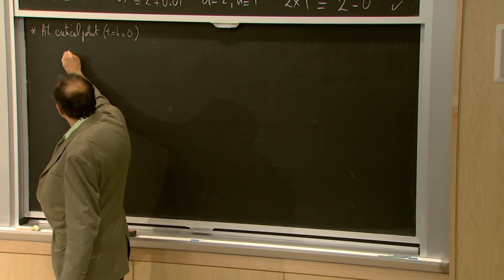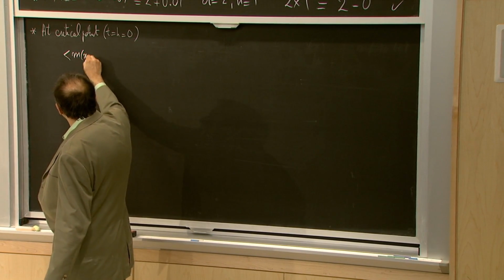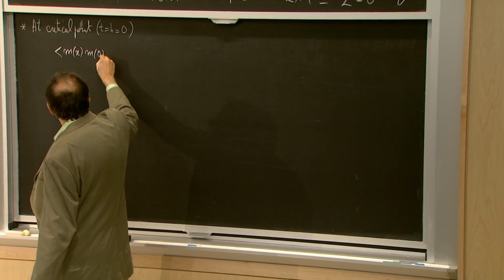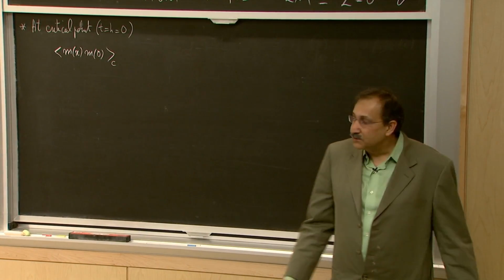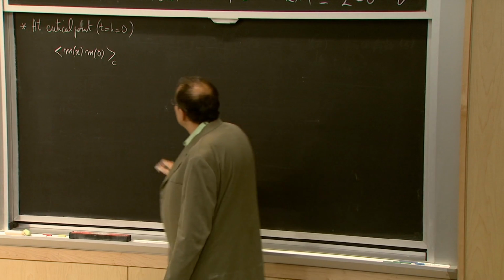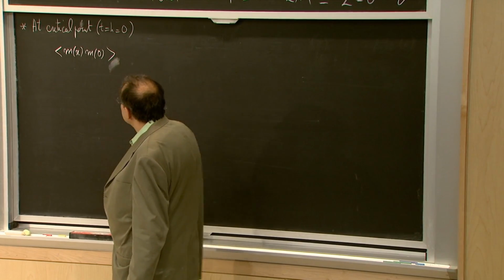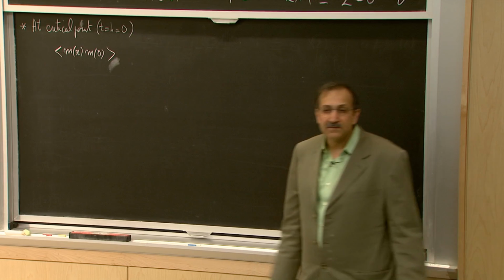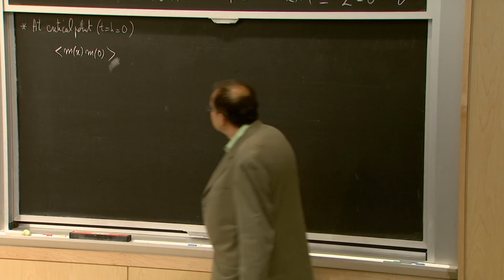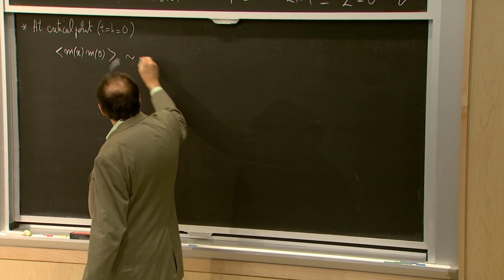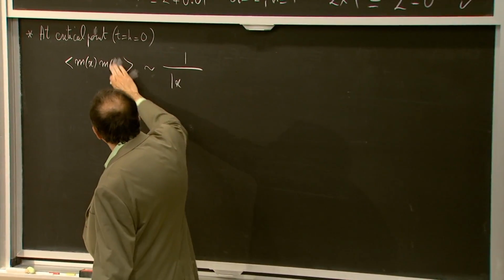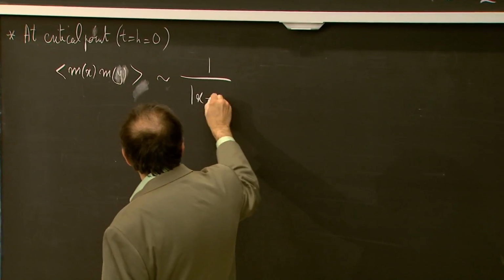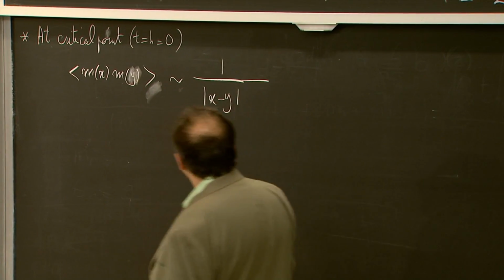One of the things that we have is that m of x, m of 0, the connected part, but actually at the critical point, we don't even have to put the connected part because the average of m is going to be 0. This is a quantity that behaves as 1 over the separation. Let's actually include 2 possible points, x minus y.